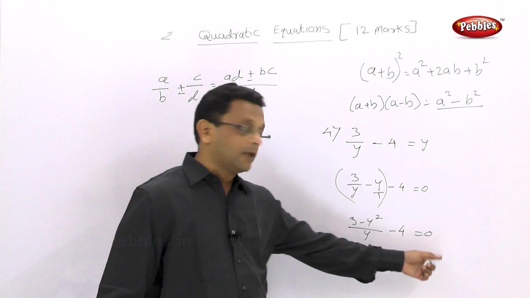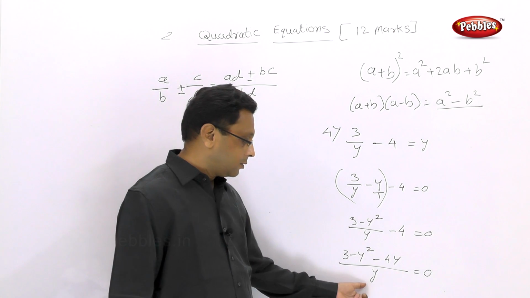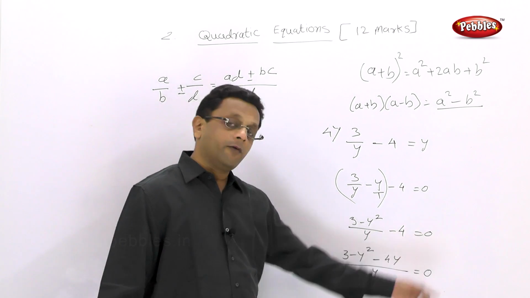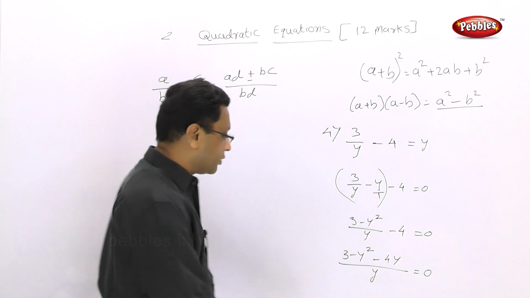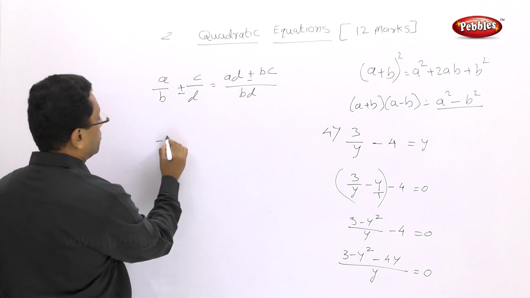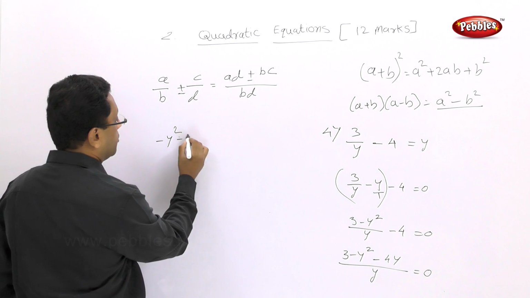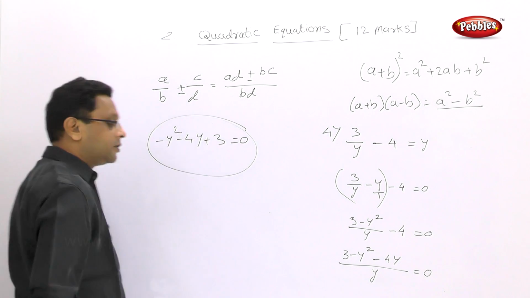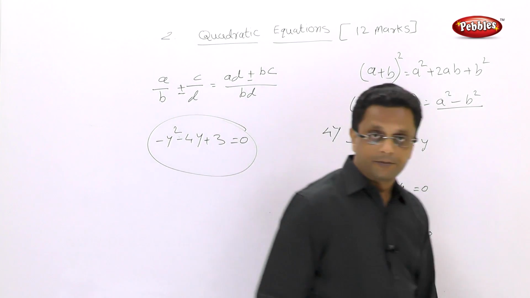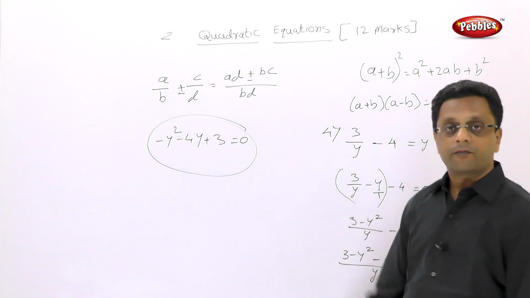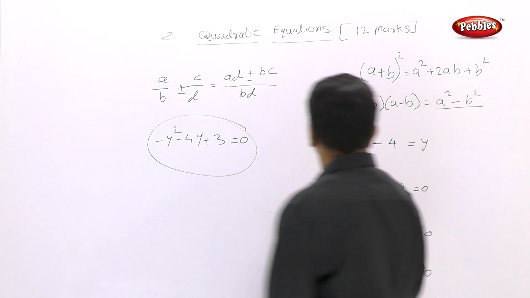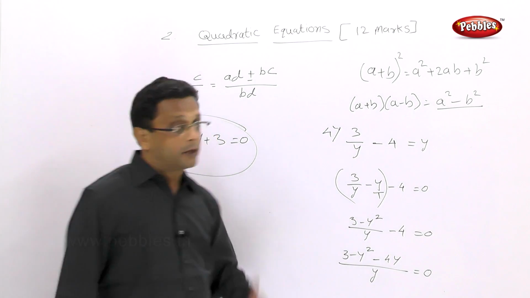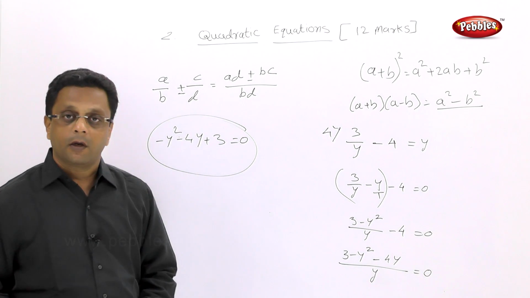Now this y will go to that side. Since it is dividing, it will go as multiplication. So when y goes there, it will become 0 and your equation will become minus y square minus 4y plus 3 equal to 0. And this is a quadratic equation, definitely. So don't get confused. If you have an equation like this, when you solve, you will get a quadratic equation. Let us see the next one.